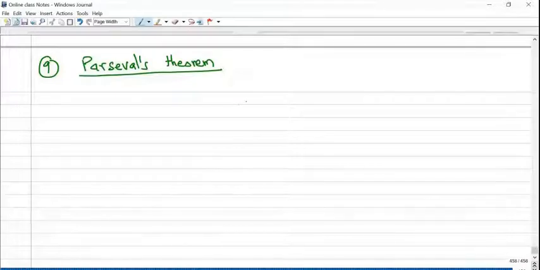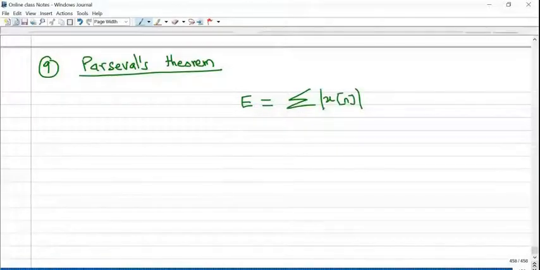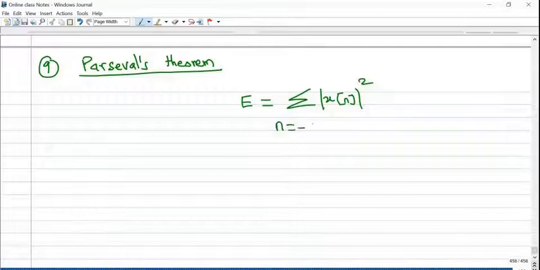So what does Parseval's theorem state? To find energy of a signal using DTFT. What is the formula we discussed in unit 1? To find energy of a discrete time signal, summation of x of n whole square, where n varies from minus infinity to infinity.